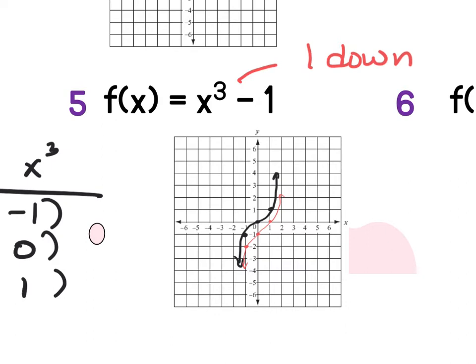The next one has two things going on. They do the letters. So let's say you didn't have colors. Then what they would do is they would say the black one, they could say that this is the f of x function, and then they would put that, no, I'm sorry, that's the g of x. I'm doing this backwards. The black one, the original parent, is the g of x.